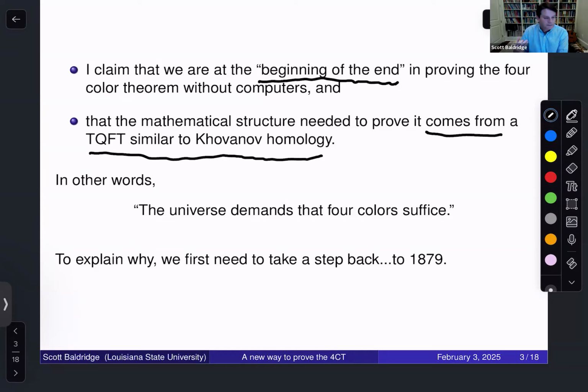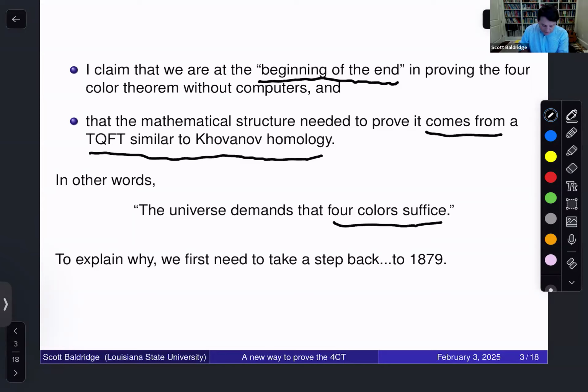I'll give you some examples of that, but I'm going to suppress the Khovanov homology from the talk. I'll stay at the level of a Lie-like homology. But it's there, and just know that it's there. In other words, originally when Appel and Haken proved this, they said that 4 colors suffice. I'm upgrading that. I'm saying that the universe demands that 4 colors suffice. So let's get into it.